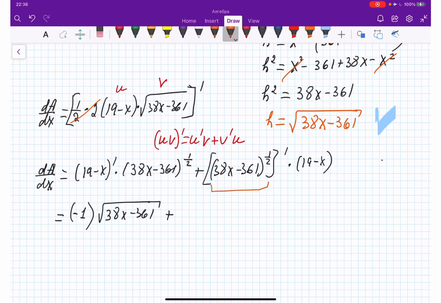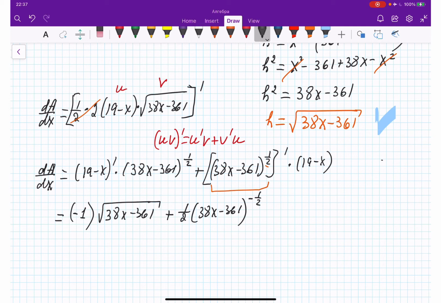Remember the chain rule: first I'm taking the derivative of this, 1/2 times (38x minus 361) to power 1/2 minus 1, which is equal to negative 1/2.